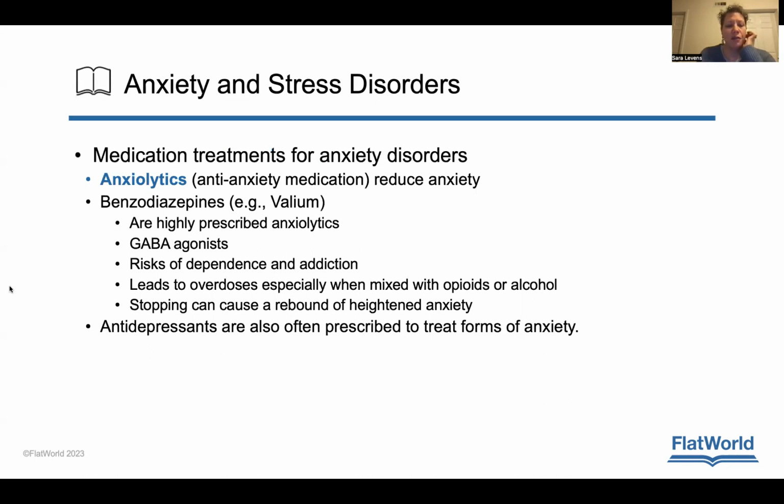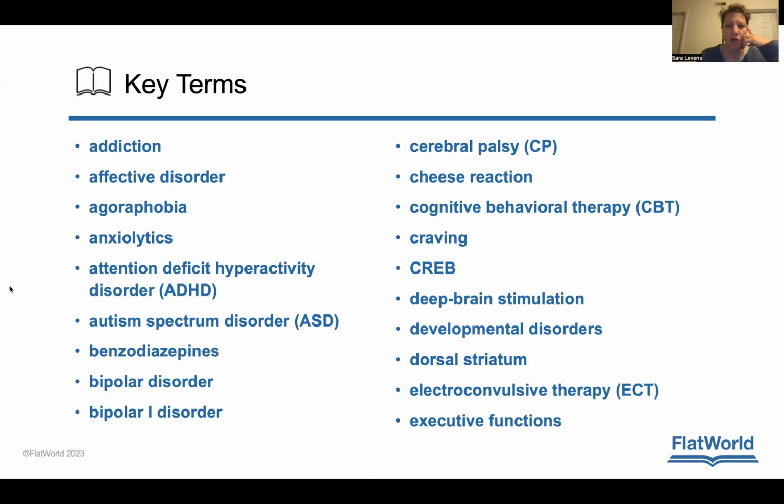They're GABA agonists, so they help facilitate these inhibitory elements in the brain. There's a strong risk of dependence and addiction with benzodiazepines, and when you stop them, you can rebound to a heightened state of anxiety. Antidepressants are also commonly prescribed for anxiety disorders.